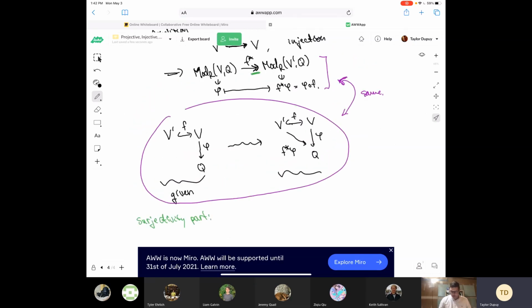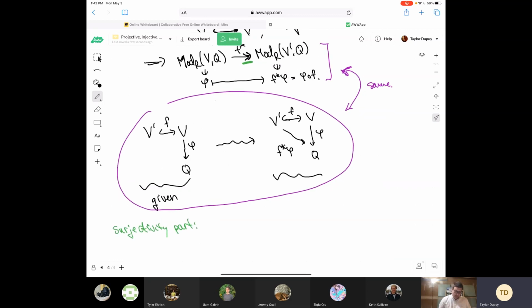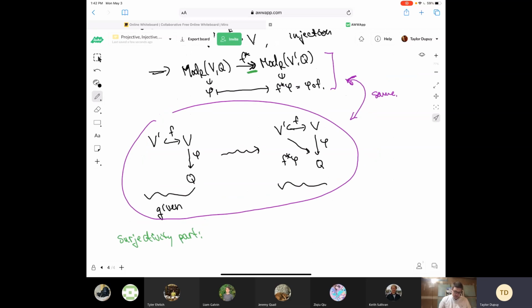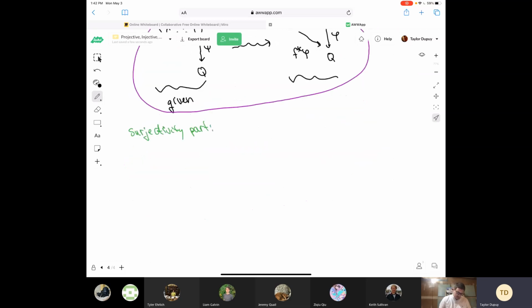This is just a thing that exists totally generally. It's just functorial. For the surjectivity part, you do need that this be an injection.